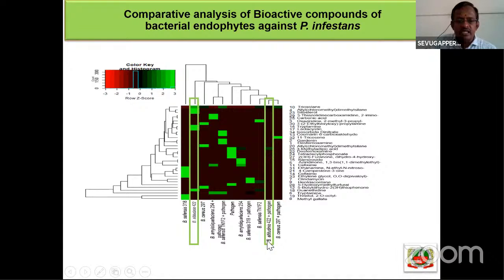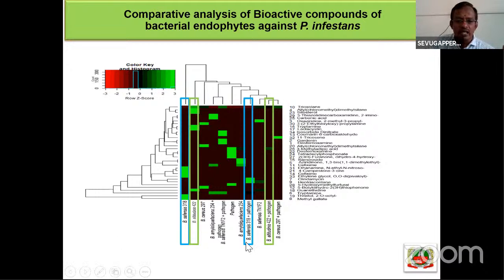But in the presence of Bacillus altitudinis and the pathogen, the particular compound produced when the pathogen was alone on the leaf was totally absent, which indicates that this endophyte has the capability to break down that molecule, or it has prevented the production of that molecule which may be responsible for inhibition.